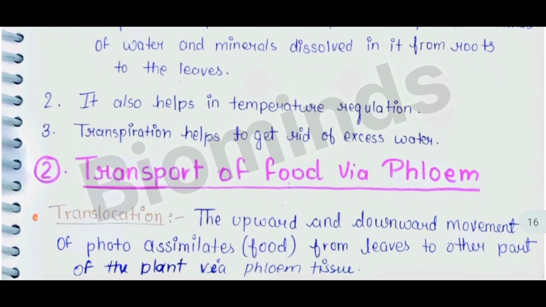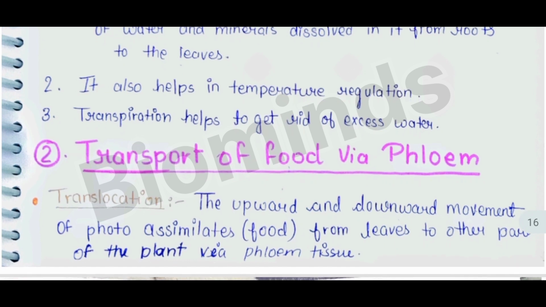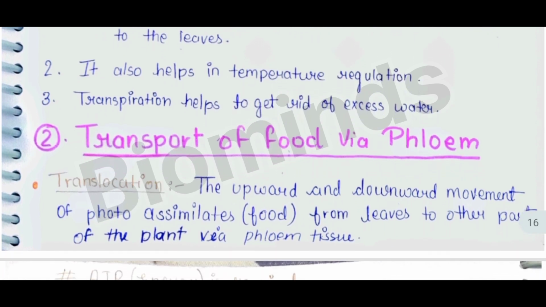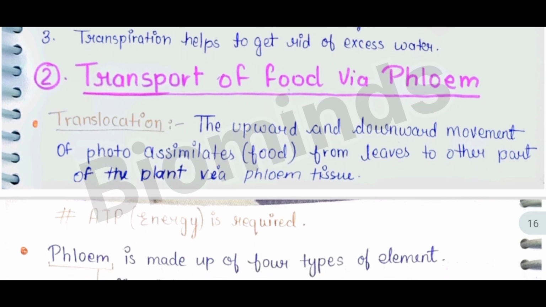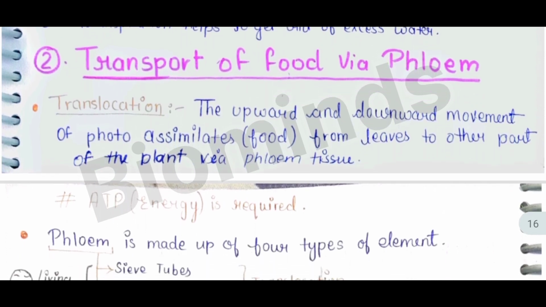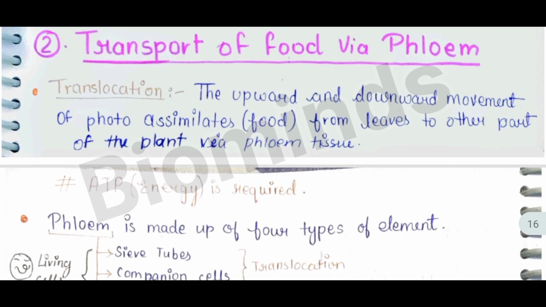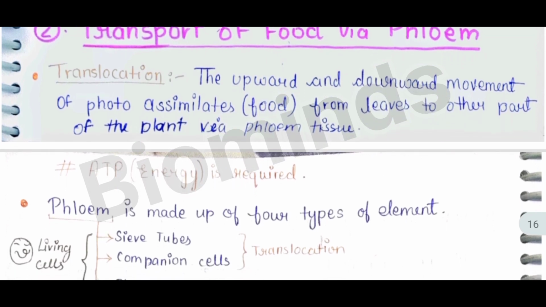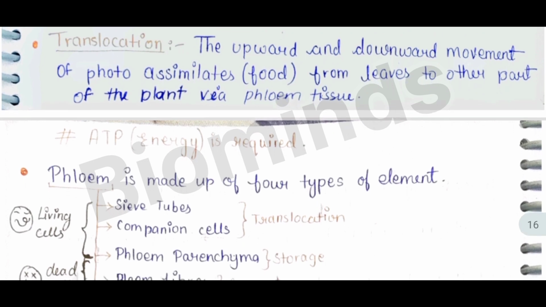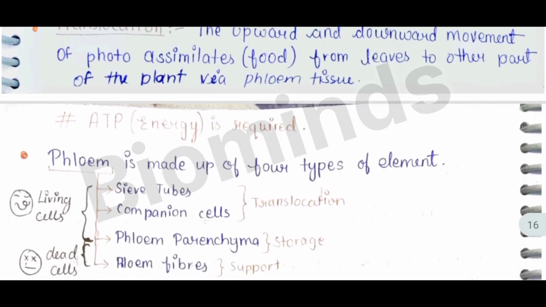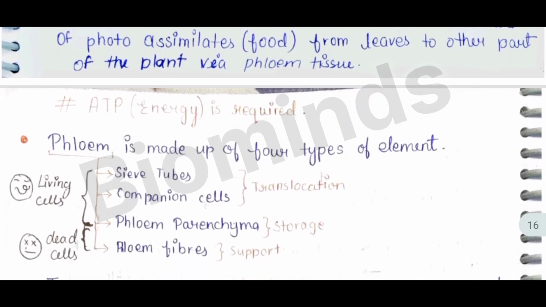Transport of food via phloem. Translocation is the upward and downward movement of food from leaves to other parts of the plant through the phloem tissue. Here energy is required. Phloem is made up of four types of elements: sieve tubes, companion cells, phloem parenchyma and phloem fibers.